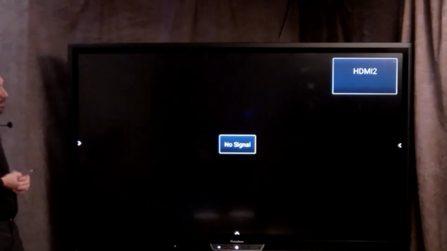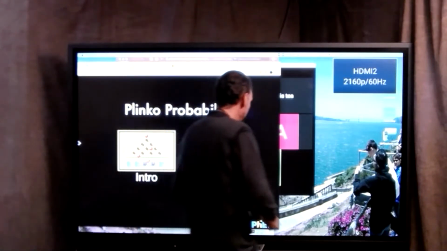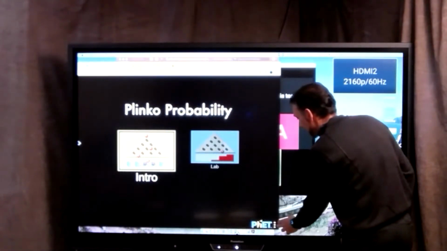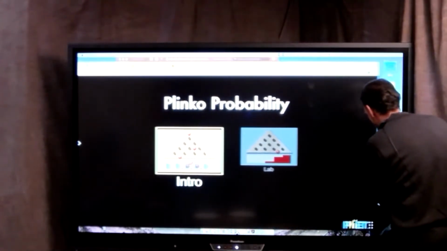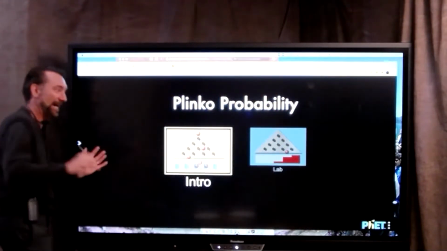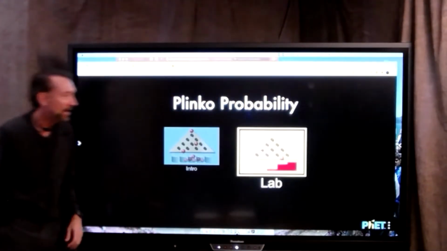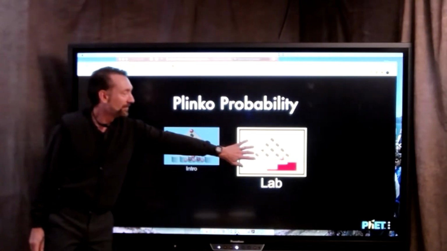So this is a probability thing. And as a probability thing, it relates exactly to probabilities and gaming. Exactly the same. So let's look at Plinko, the game.